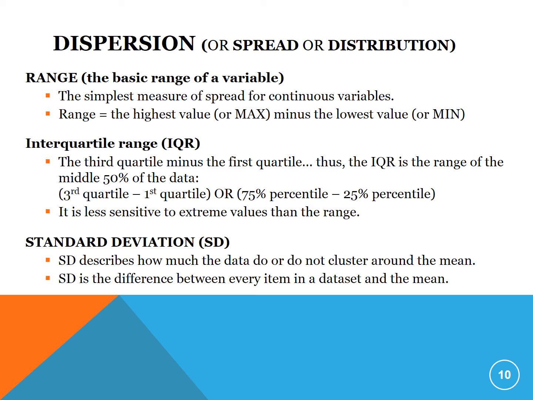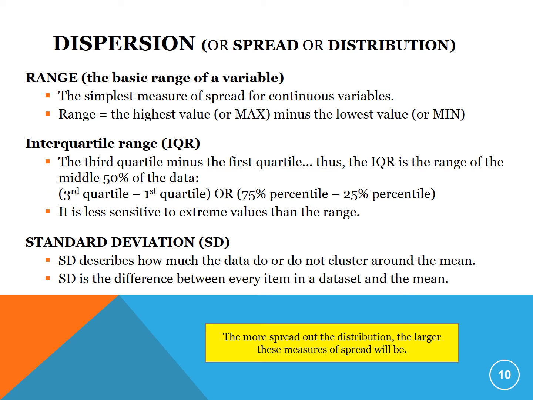And for the standard deviation, we're dealing with the mean, the average, and it describes the difference between every item in that data set and the mean. So every value in that data set, it compares and sees how far apart it is from the mean, and we're going to take a look at that in future slides.